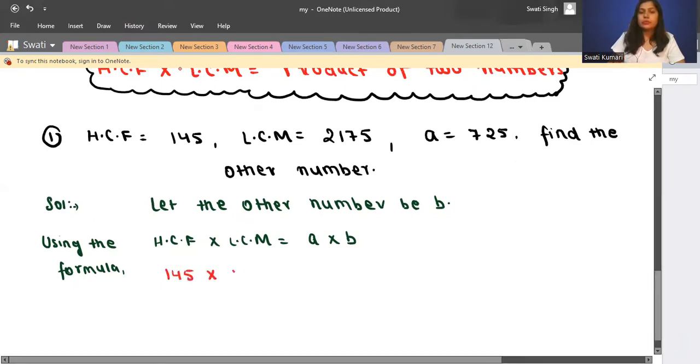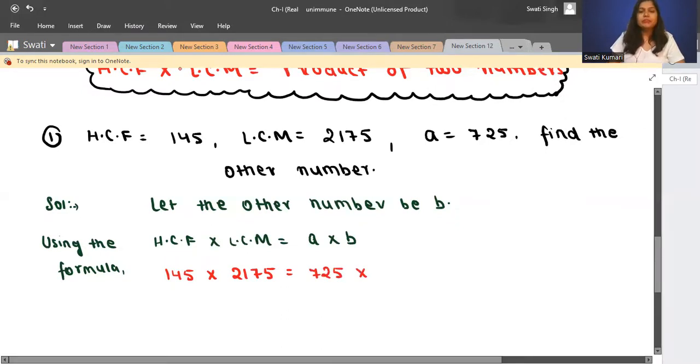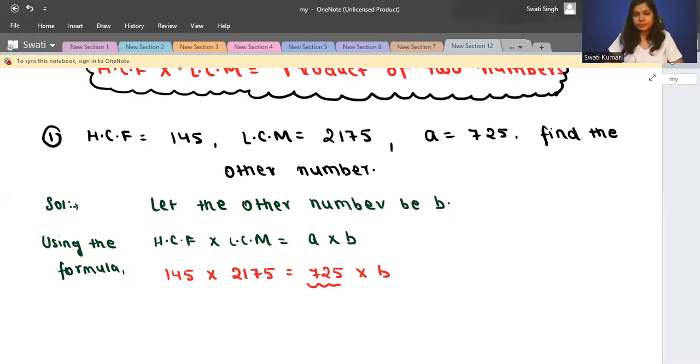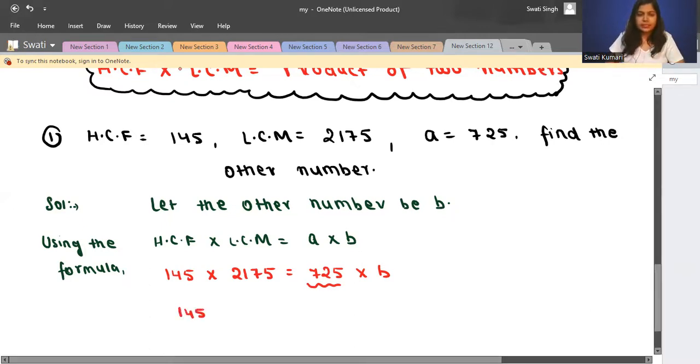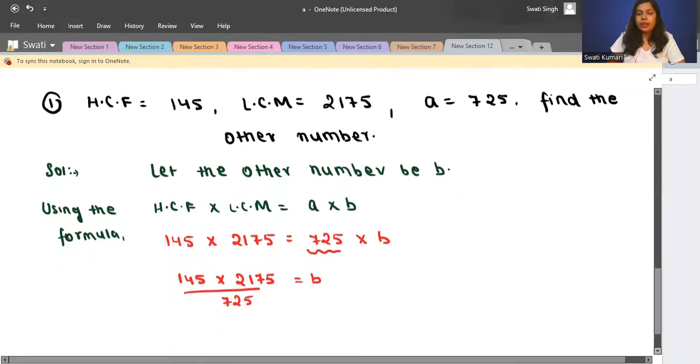LCM is 2175 and A is 725, and B we need to find out, right? Now from this step you can shift this 725 to the other side because it is getting multiplied here. If you shift it to the other side, it will get divided. Let us write down the same thing in the next step. So 145 into 2175 upon 725. Okay, so we got this, right?